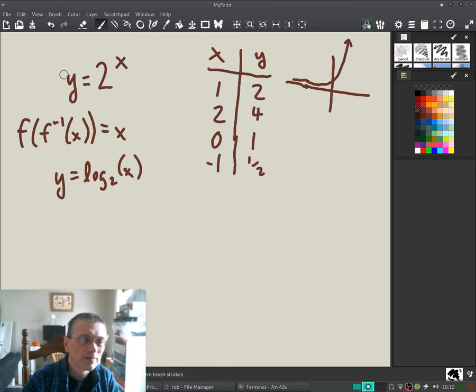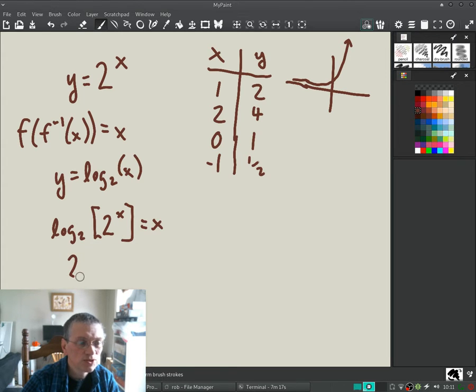All right, that means if we compose these two functions, they're different functions. If we compose them, we get back x, and we can compose them either way. So that means that log base 2 of, and wherever we see x, we put in the other function, 2 to the x, this equals x.